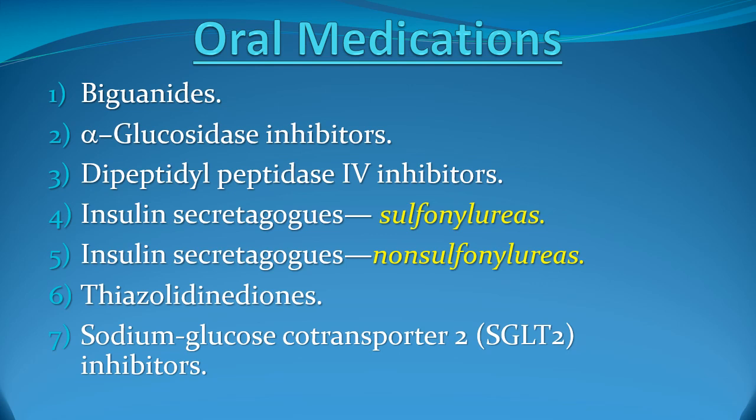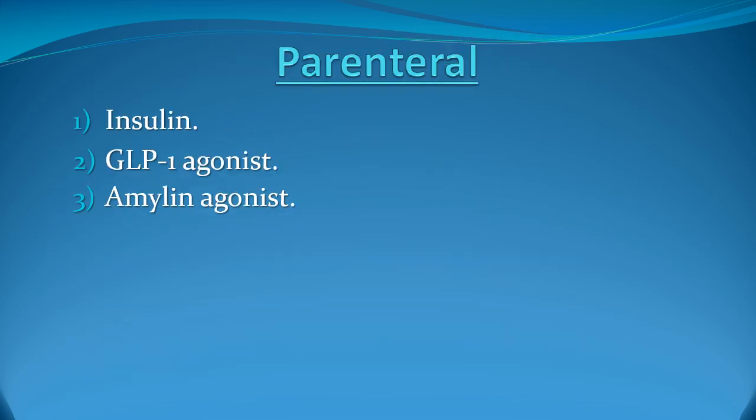These are the available classes of oral medications for treatment of diabetes. About the parenteral, definitely the most famous one is insulin, and we have glucagon-like peptide agonists, and we have amylin agonists, and we will be speaking about them in full detail in a few slides.